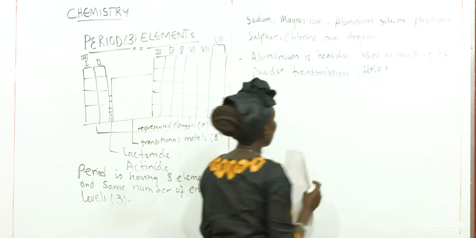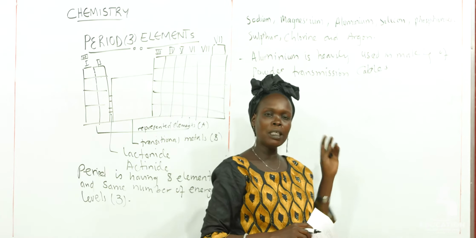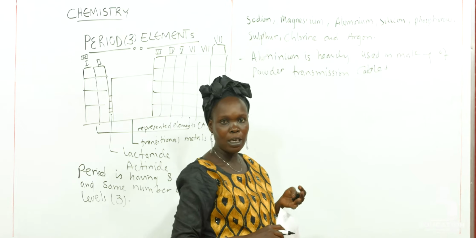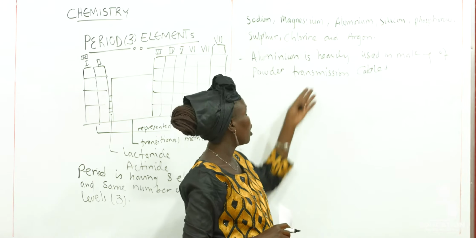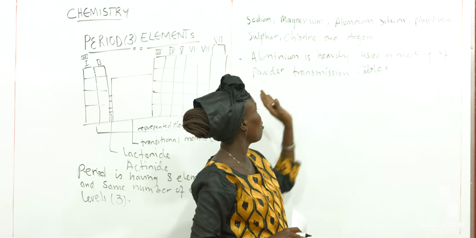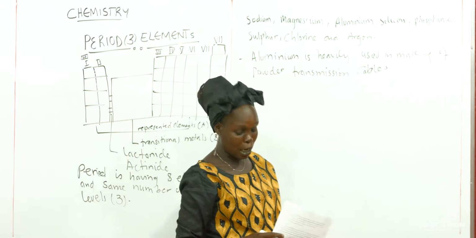So these, among others, are how we use aluminium. It means these elements are very important in our daily life. For example, aluminium is heavily used in making of powder, also transmission cables and others.